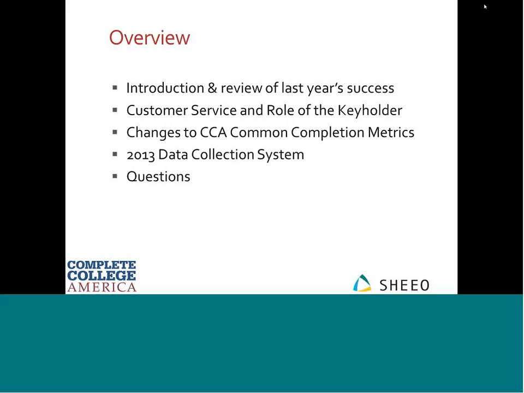Mike's going to talk about the minor changes and clarifications that you're going to find in this year's technical guide. And then finally, John Blegan, my colleague here at SHIO, is going to run through the actual CCA data collection process with you. You're going to hopefully see a lot of changes that respond to each of your individual needs and make the process for reporting information easier.